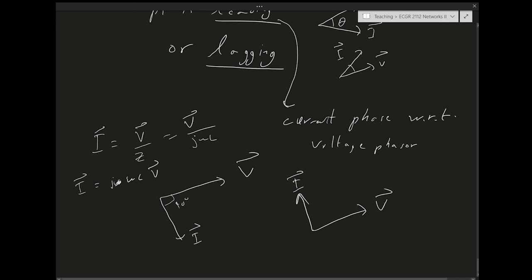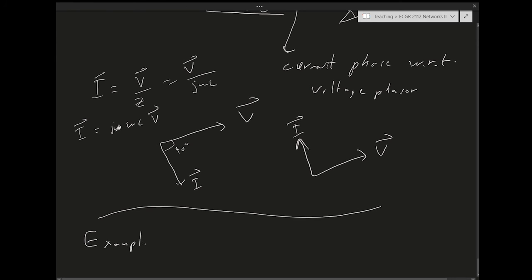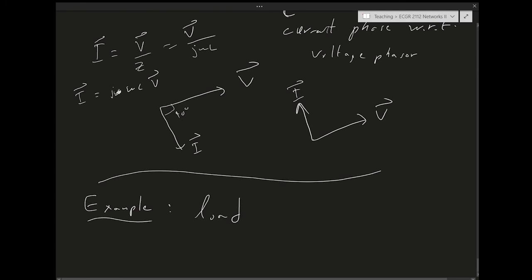Okay, so I want to do an example. Let's say we have some kind of industrial load, and this is the typical way in the industry that loads are described in power systems in general.